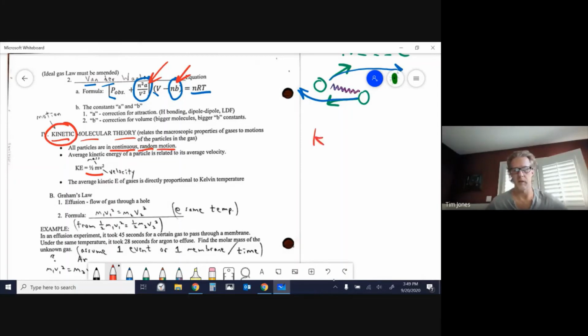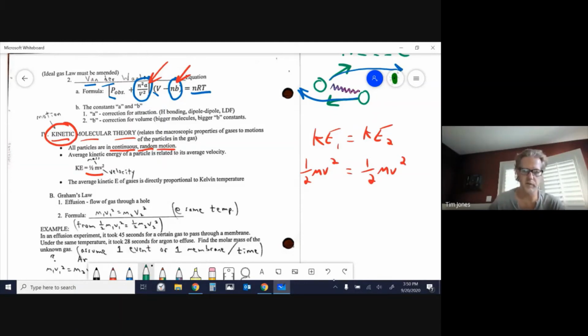So the kinetic energy of one gas is equal to the kinetic energy of another gas at the same temperature. That's an important characteristic. You can write out their two equations: 1/2 mv squared of gas 1 equals 1/2 mv squared of gas 2.